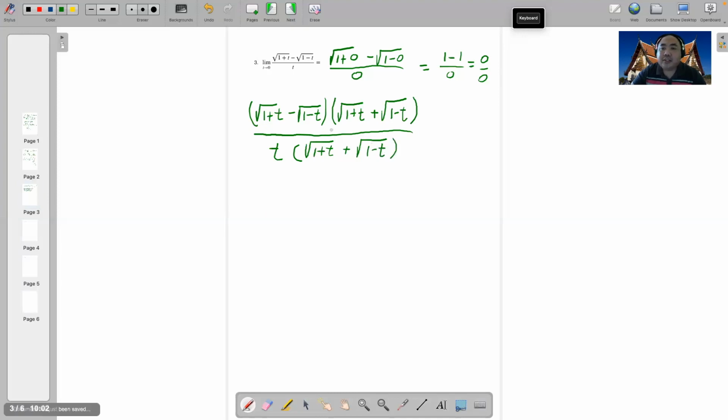You'll notice that this is an equivalent function to the original, but with the added binomial conjugates on both the numerator and the denominator, which we of course know is just equal to 1.